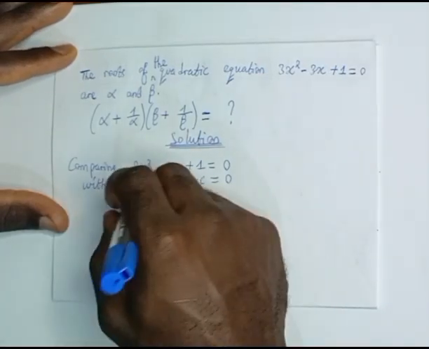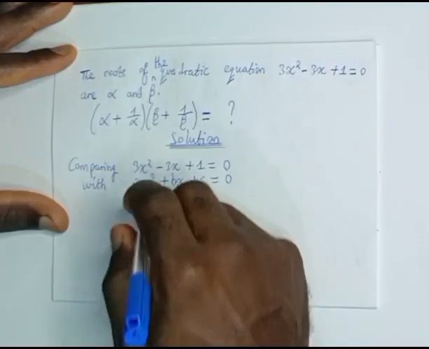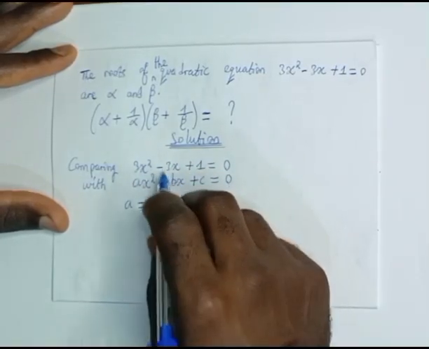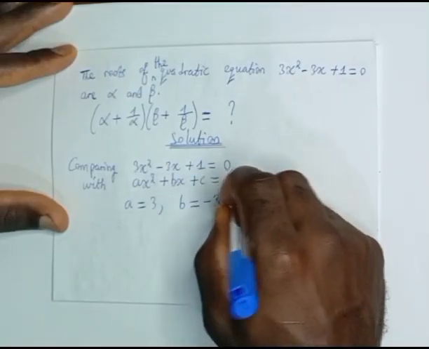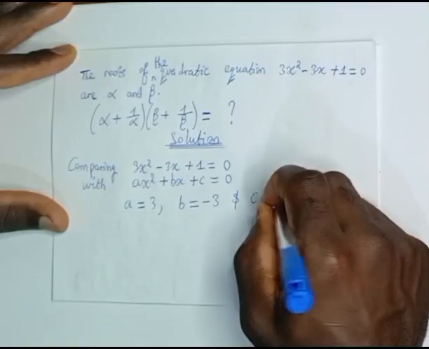Performing this comparison, a, which is the coefficient of x squared, will simply be equal to 3, b, which is the coefficient of x, will be equal to negative 3, and c, which is a constant, will simply be equal to 1.